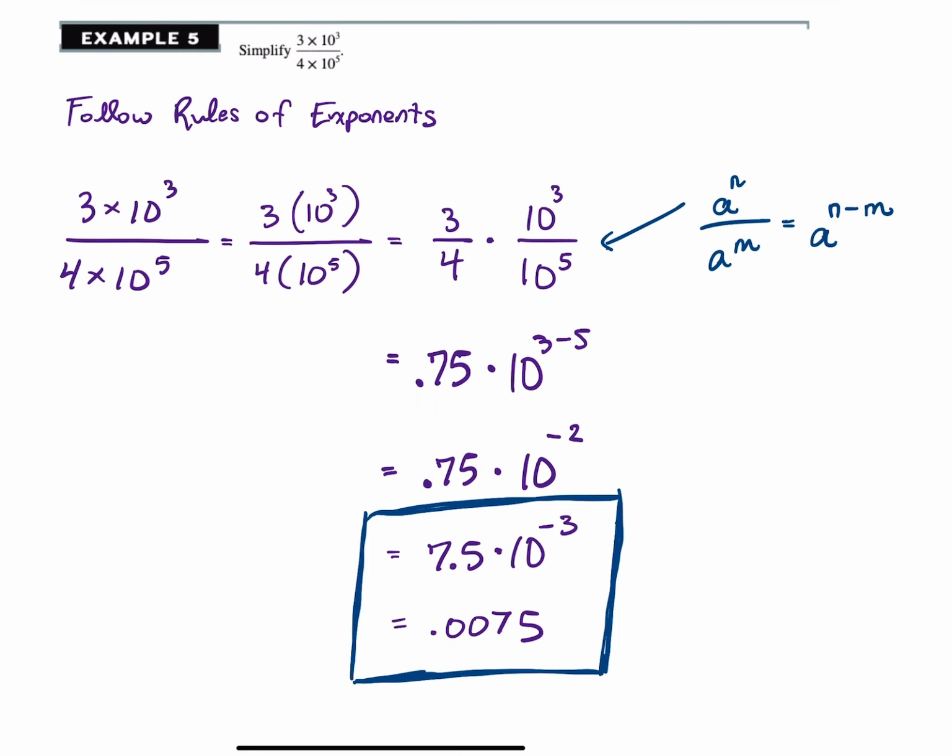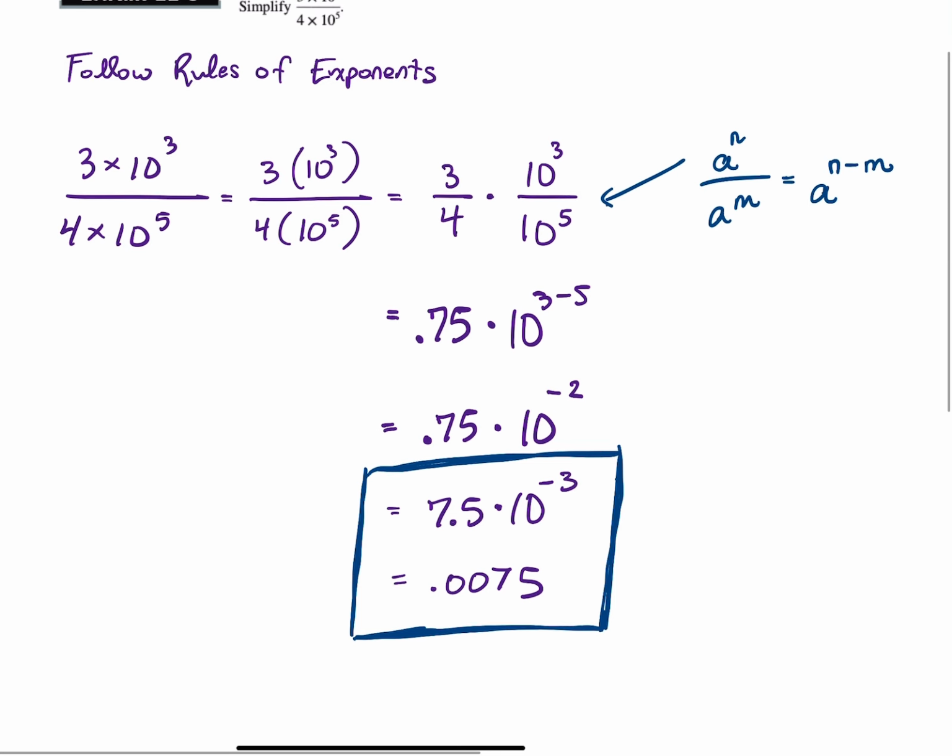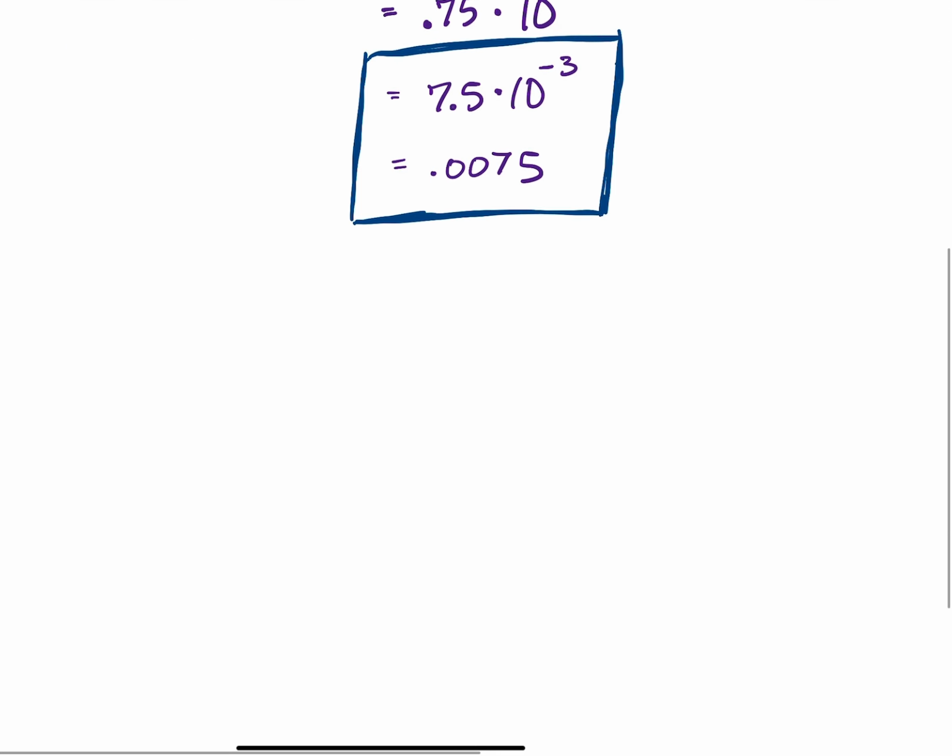We don't have a specific example, but if these were multiplied together instead of divided, so if we had something like 3 times 10 to the third times 4 times 10 to the fifth, we would still just follow rules of exponents. Use my dot notation here.